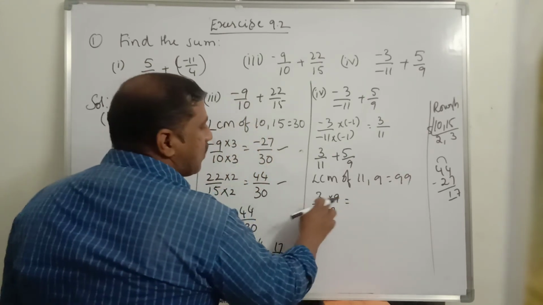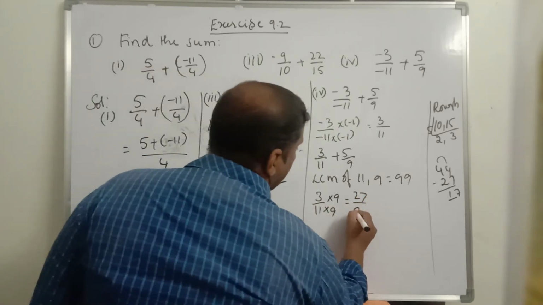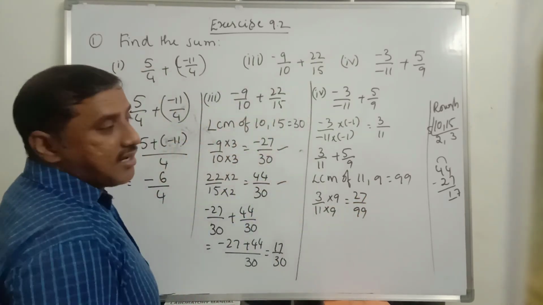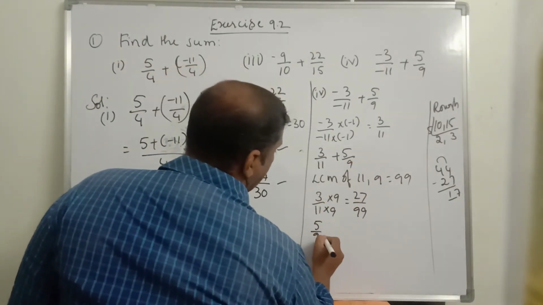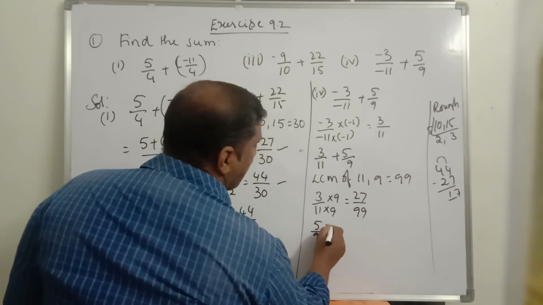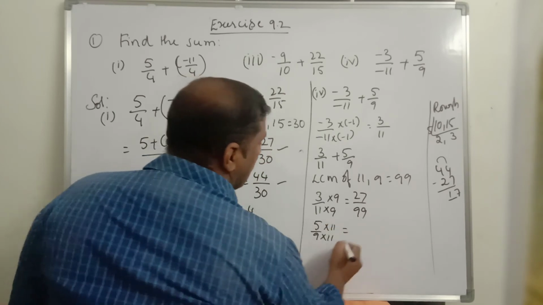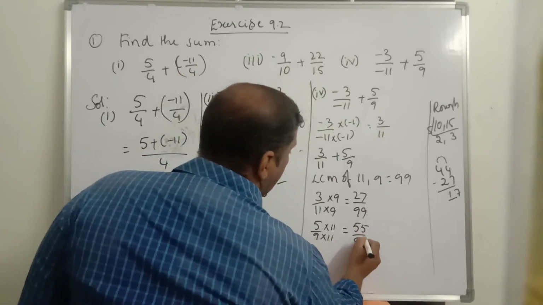Therefore, we get 3 into 9, 3 9s are 27, divided by 11 into 9, 11 9s are 99. Next, the second fraction, 5 by 9. To get 99 as the denominator, multiply 9 with 11. So, we get 5 into 11, 55, divided by 9 into 11, 99.